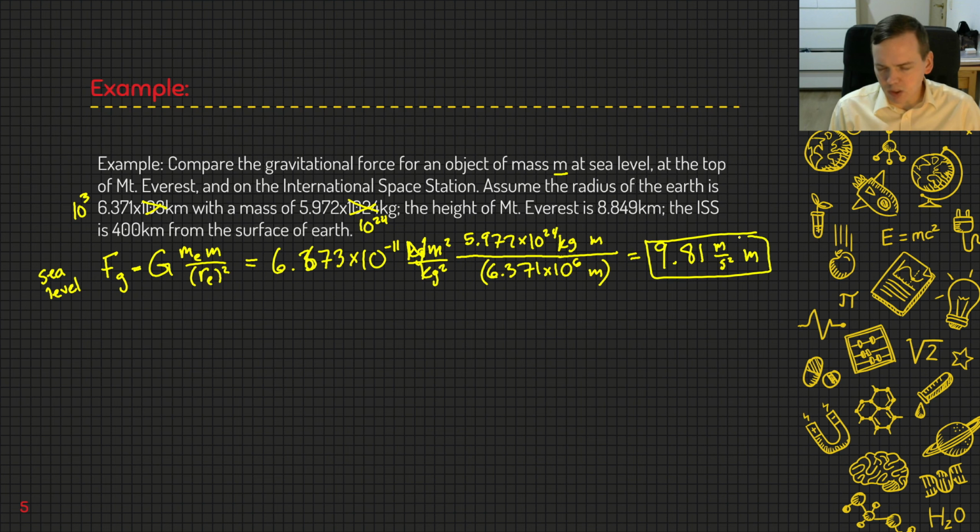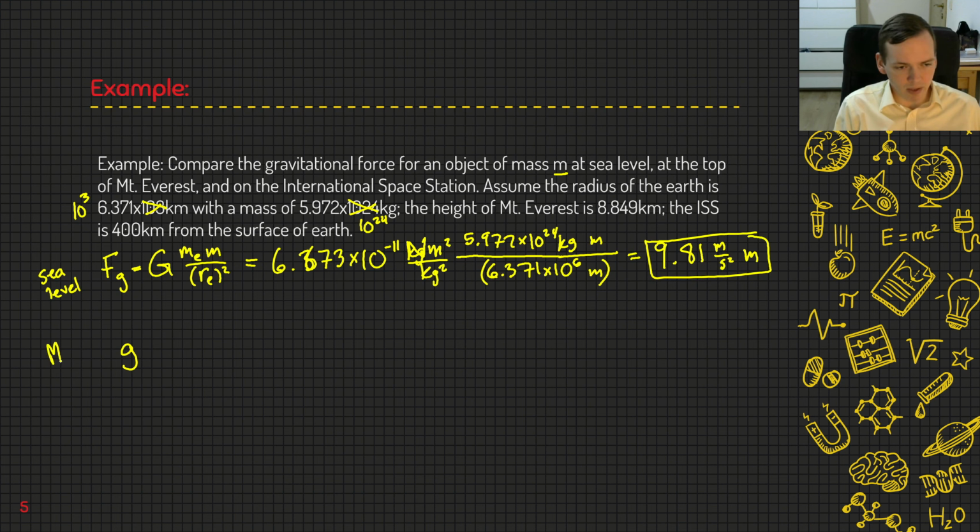And like I said, we should be able to predict this because this is exactly what we've been saying all along. If we're close to the surface of the Earth, we should see a gravitational acceleration of little g. So instead of calculating Fg for these other ones, I'm just going to calculate little g, because we know the force should end up being m times g.